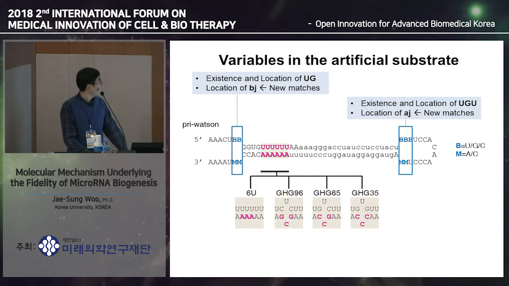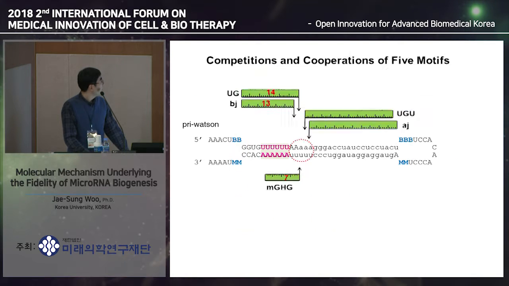If there are new matches here, it will have a longer stem length. The other part can also have or not have a UG motif, and the location of the apical junction will change.